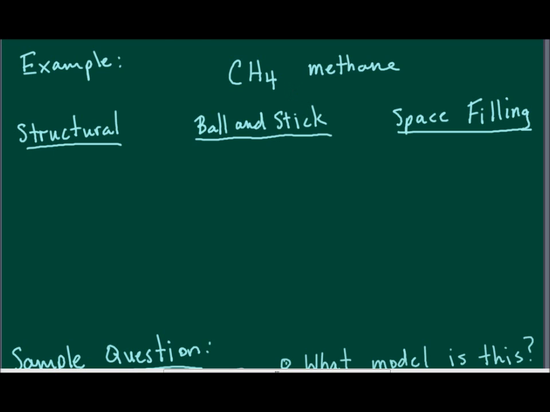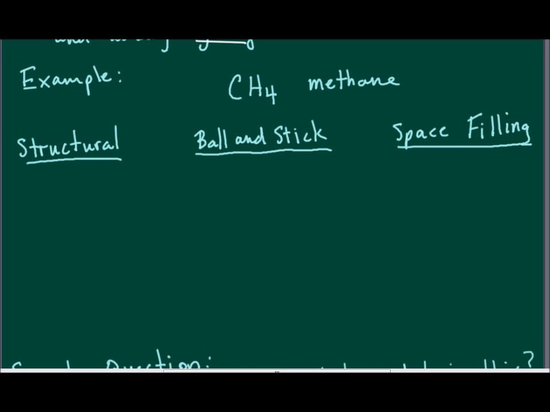We can take any of our organic compounds and represent them in a few different ways. The first way to represent them is the structural formula. In the structural formula, we just have carbon, and we have straight 2-dimensional lines forming around carbon, and then we have hydrogen attached there.